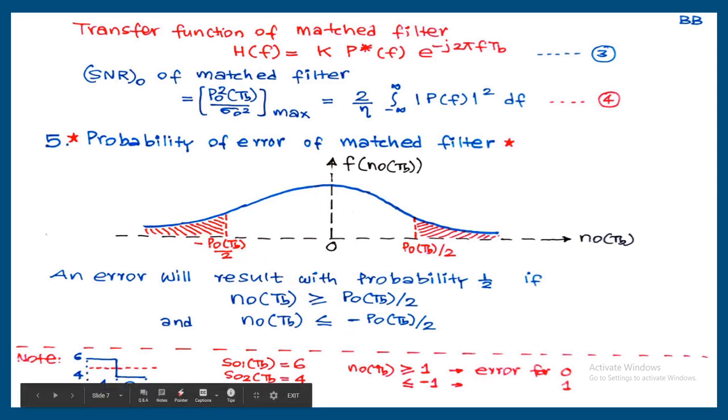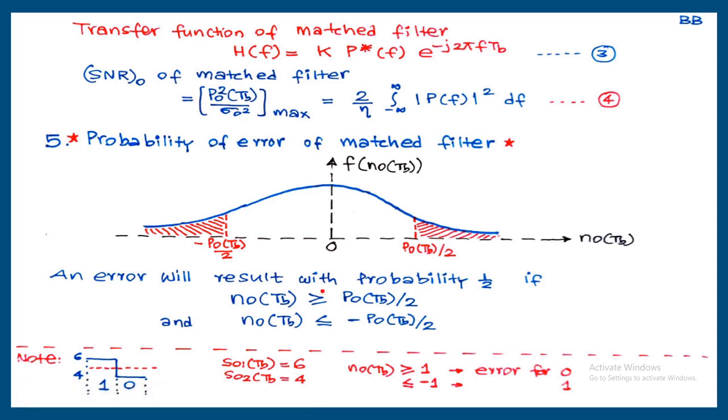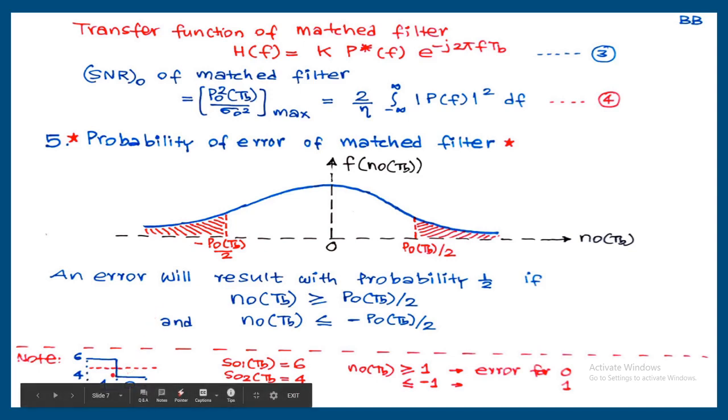If N0(Tb) is greater than or equal to (S01(Tb) minus S02(Tb))/2, that is (6 minus 4)/2, 6 minus 4 is equal to 2, and 2/2 is equal to 1. If the noise is greater than or equal to 1 volt, then error will occur only for 0. Only for this case error will come.